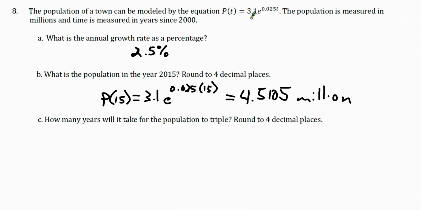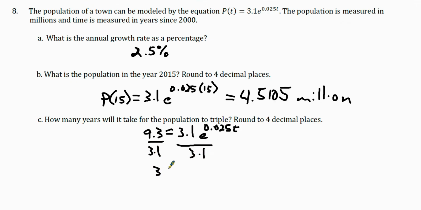Now, how many years will it take for the population to triple? Well, just by looking at my function, I see that my initial population is 3.1 million. So triple that would be 9.3, right? Triple just is multiplied by 3. So I want to take my function and set that equal to 9.3 and solve this equation for t. So the first thing I'm going to do is divide both sides by 3.1.